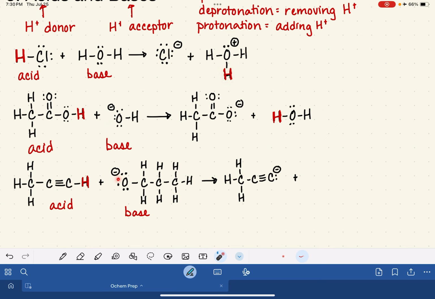So one of the lone pairs on this oxygen is going to be used to create a bond to that acidic hydrogen, and that is going to give us this molecule right here, and I'm going to color in that red hydrogen.